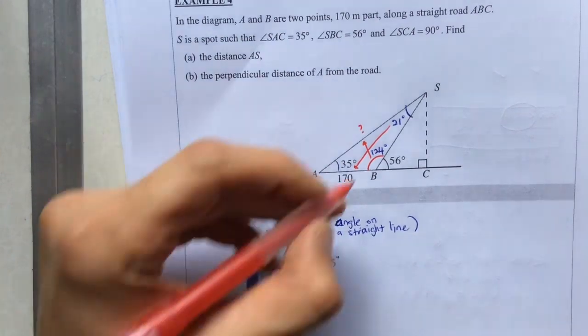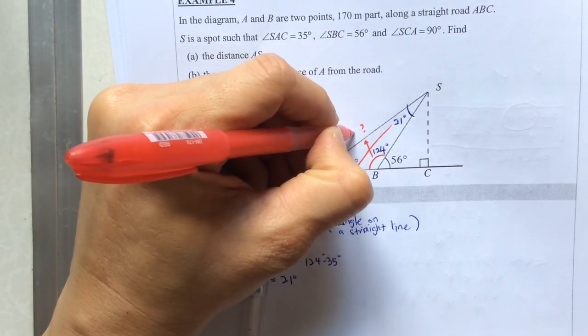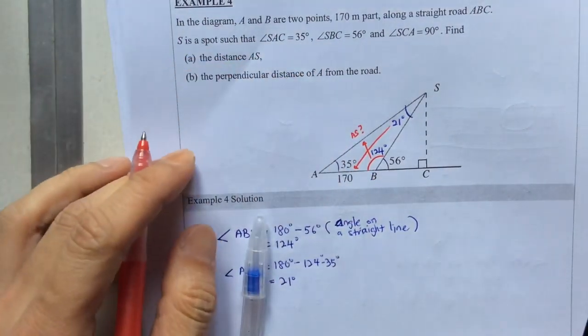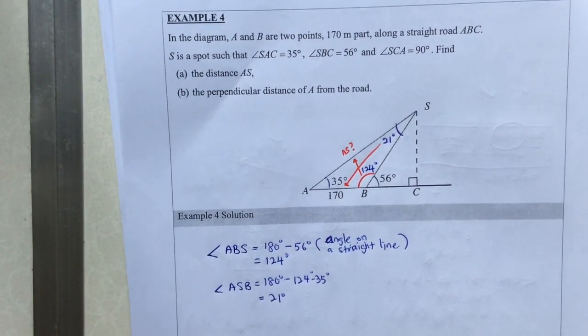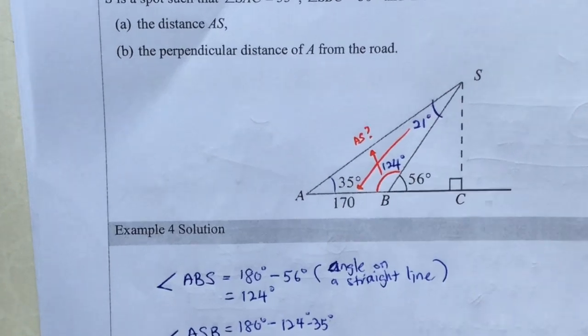So this is AS here. The unknown is AS, so I'm going to put the unknown first. Look at the diagram first.